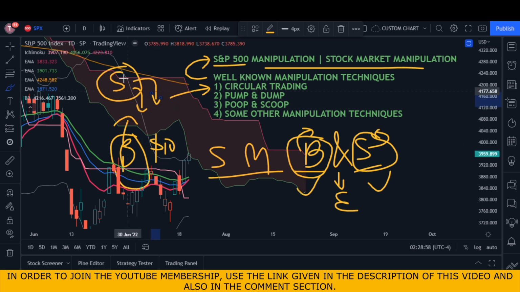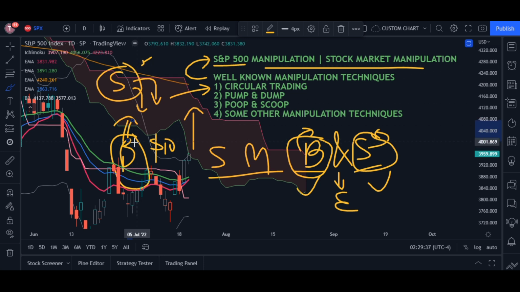If these buyers and sellers are market manipulators trying to manipulate the stock, the index or the commodity, and they want to move the price up, the seller will place multiple orders and raise the selling price.